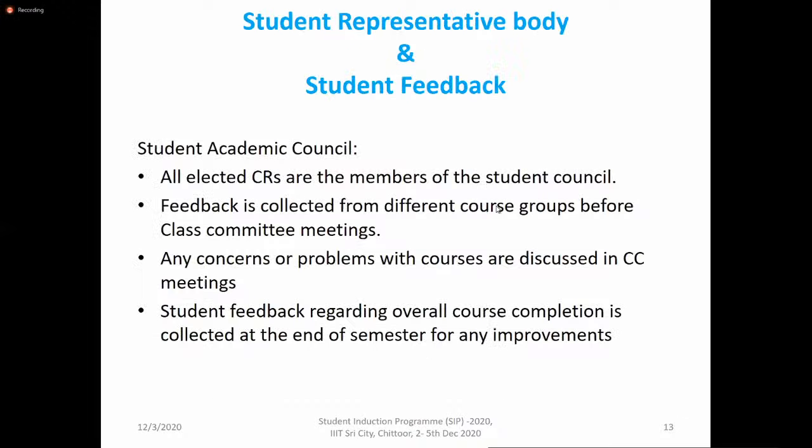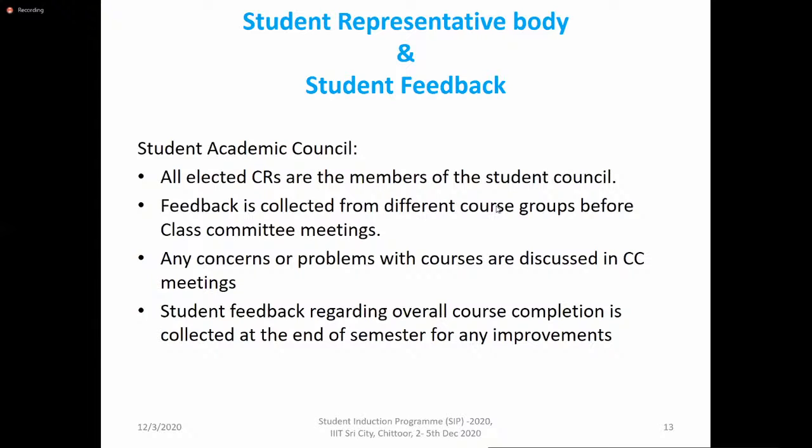The other part of my presentation is about how students are going to give feedback to the class committee meetings. The CRs will be elected as part of the student council. From each group in UG1, two CRs from CSE and two CRs from ECE will represent the whole class.